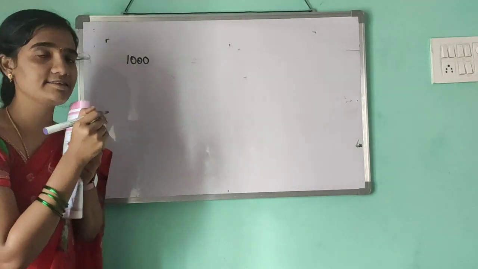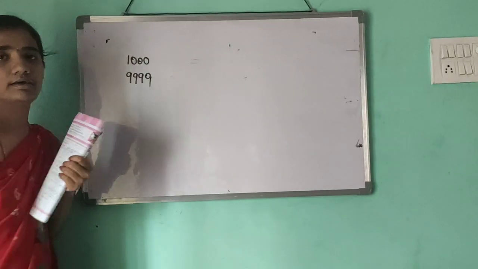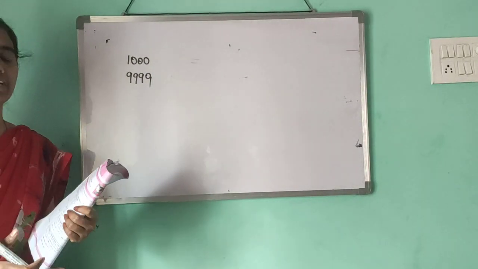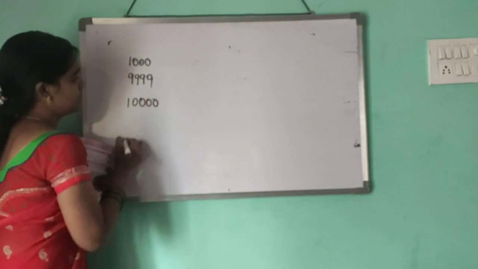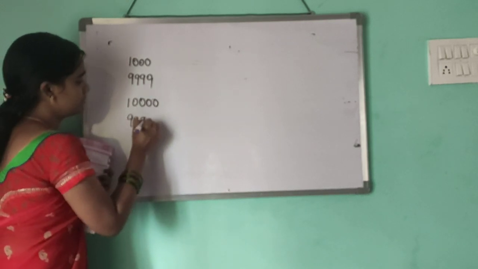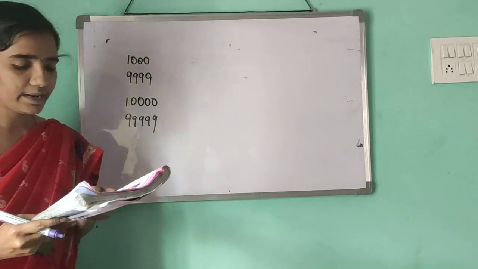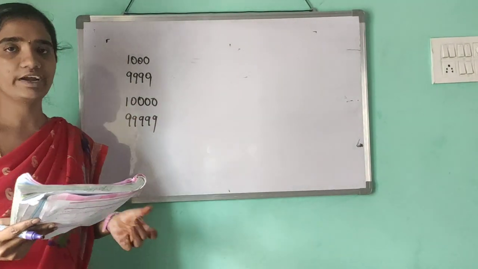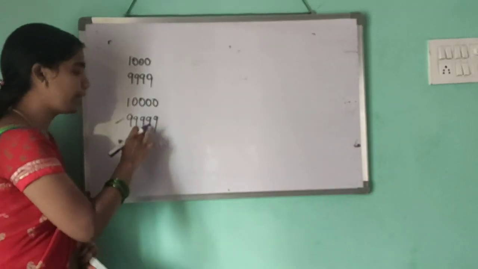What is the greatest 4 digit number? 9999, right? For example, if we are asked to write the smallest 5 digit number, 10,000, the greatest number is 99,999. So introduction of large numbers, the greatest 5 digit number is this one.